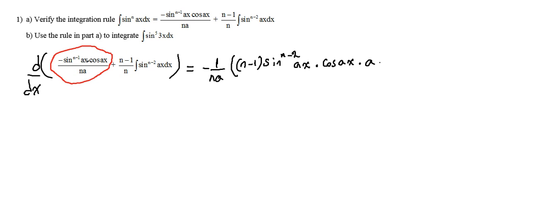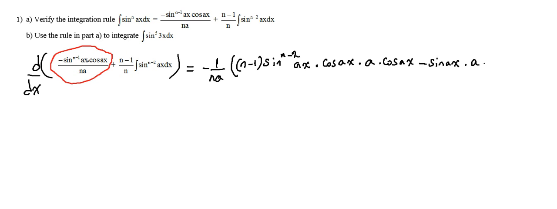This is u prime, multiplied with v, meaning multiplied with cosine ax. Plus v prime: the derivative of cosine ax is, it's not plus, it's minus sine ax, multiplied with a, which is the derivative of ax, right?